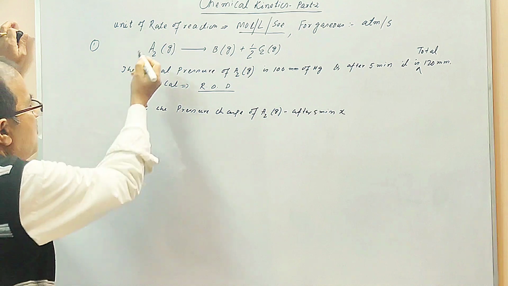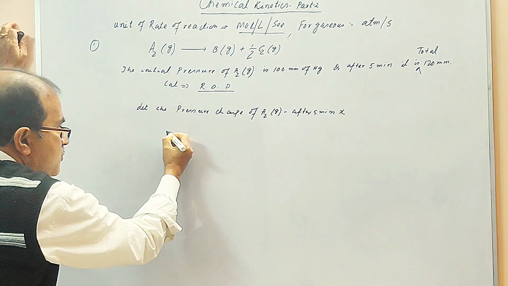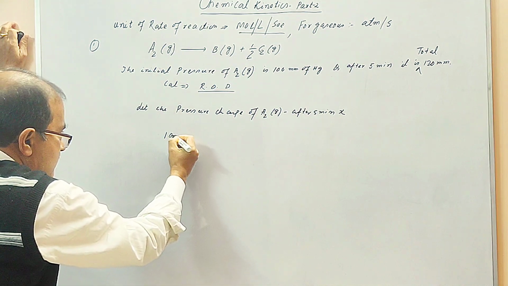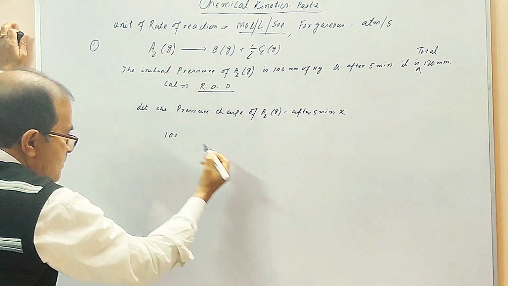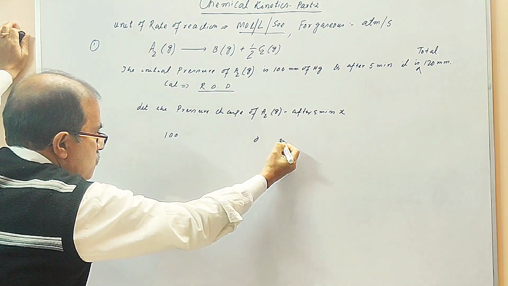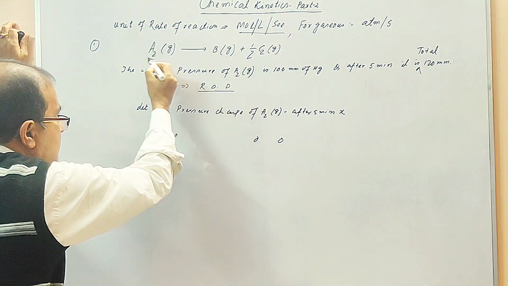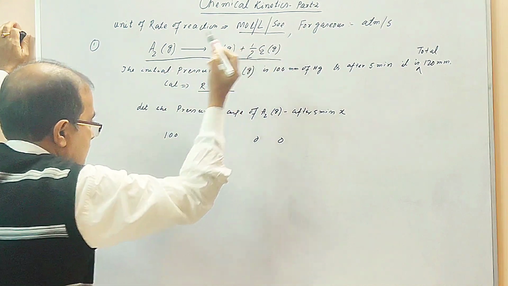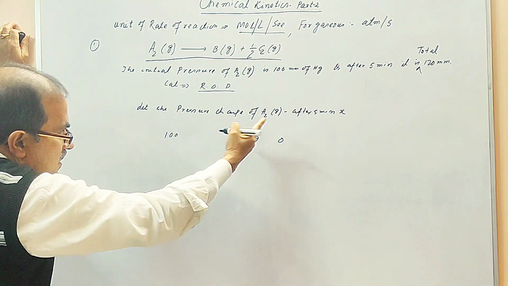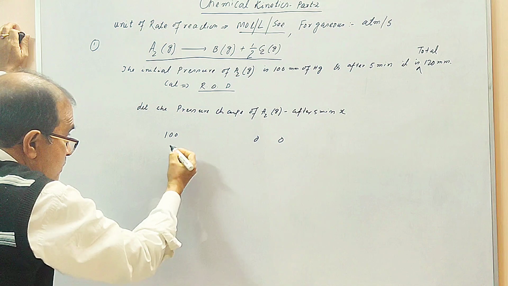So from this you can easily understand. Initially there is 100 millimeter of pressure, and 0, 0. I am talking about this reaction, right? After 5 minutes, the pressure of the reactant has been reduced.